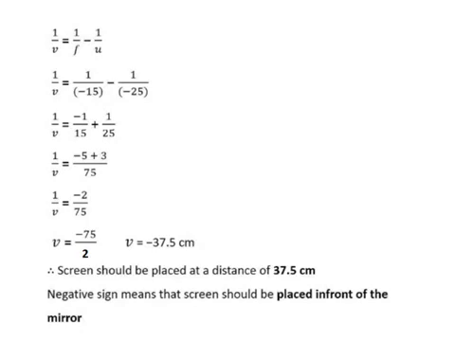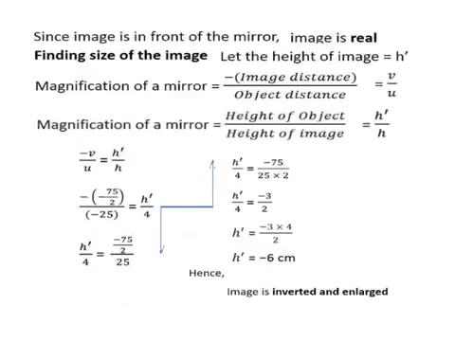So the remaining answers we will see in the next slide. As we had seen, since the image is formed on the left side, the image is real and inverted. Now let us find the size of the image. For this we will be using the magnification formula. Magnification has two formulas. One is minus v by u and the other one is height of the image divided by height of the object.